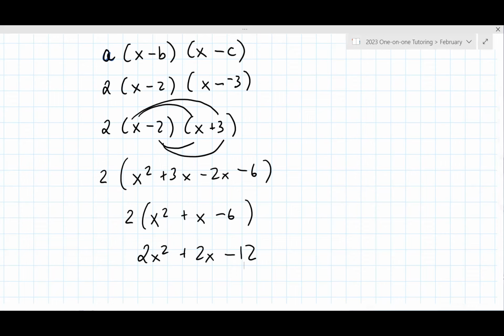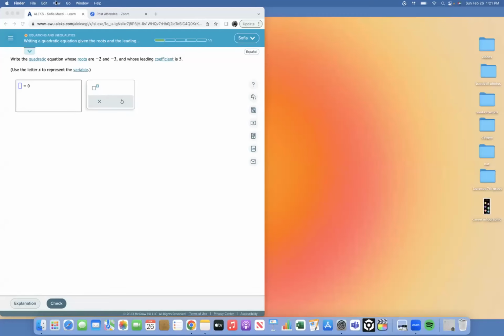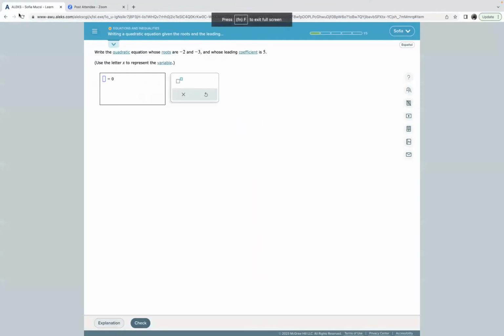Okay, yeah, that's correct. Okay, I guess I can attempt the second one. I'll just share my screen. So this one, we have 5 as the leading coefficient, and then x plus 2 and x plus 3 as the roots.